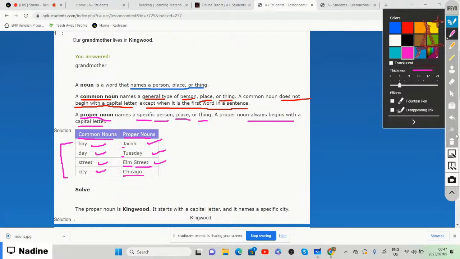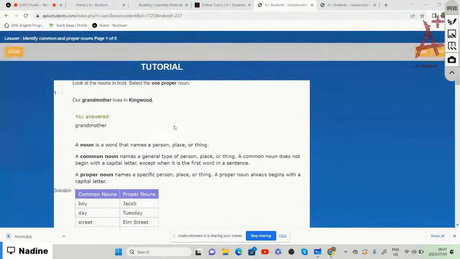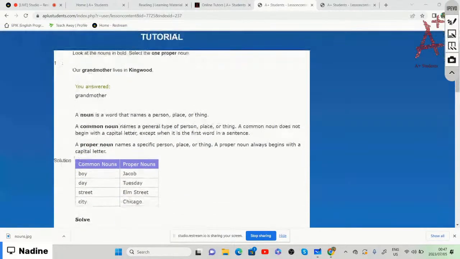So that is it for common nouns as well as proper nouns. And remember, we said a noun is a word that names a person, place, or thing. And then we have common nouns that name general types of things, like a general person, a general place or thing. It does not start with a capital letter unless it is the first word in a sentence.